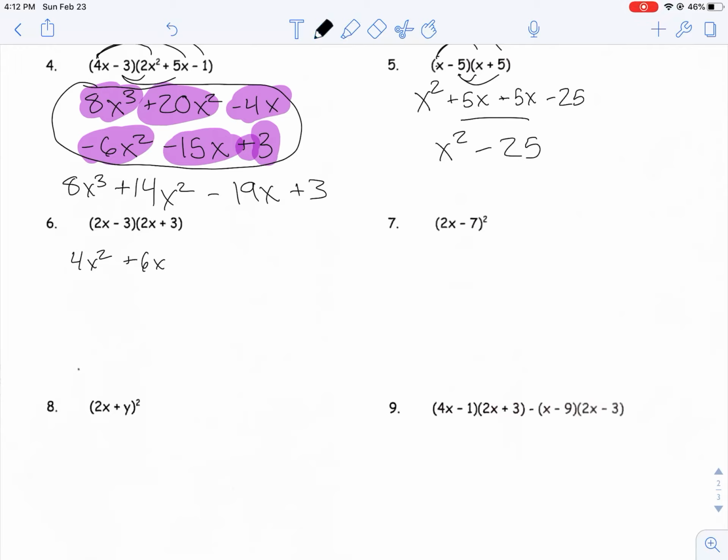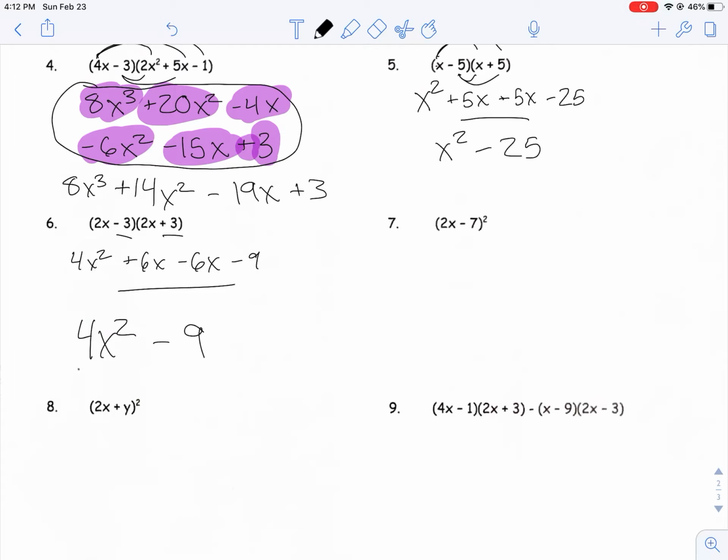So we did the first term. We did the outside terms. We have the inside terms now. Negative 3 times 2x is negative 6x. And let's do our last terms. Negative 3 times positive 3 is negative 9. And we have another case where these things are going to cancel out. So we'll have 4x squared minus 9.